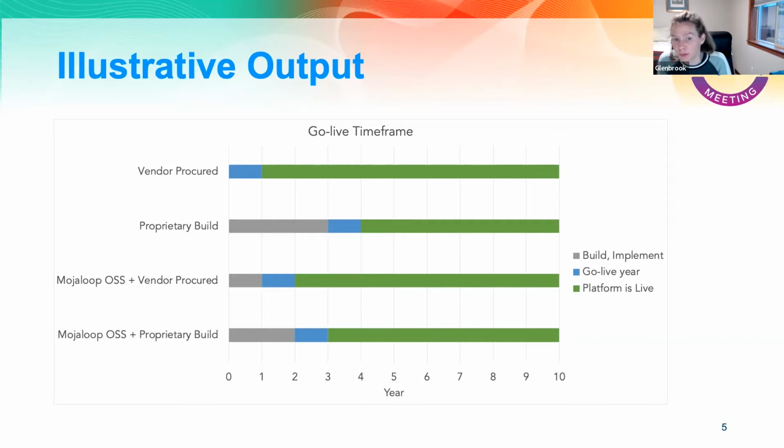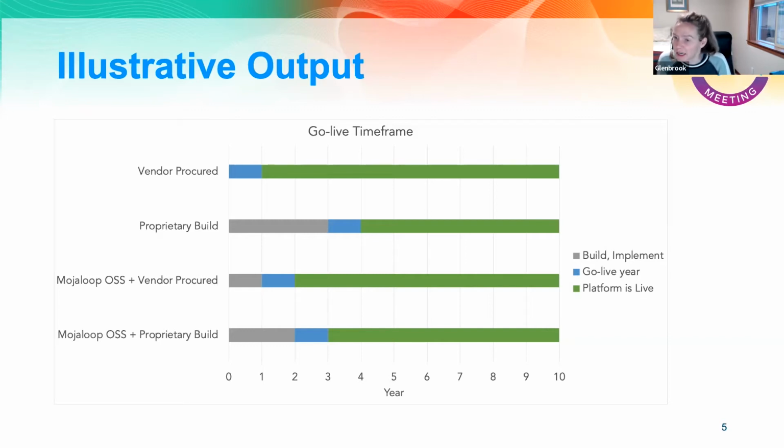So the Mojoloop plus vendor procured solution was the least costly to get to an IRR of 0, an internal rate of return of 0, at which point you can operate as a cost recovery, followed by the Mojoloop plus proprietary build.